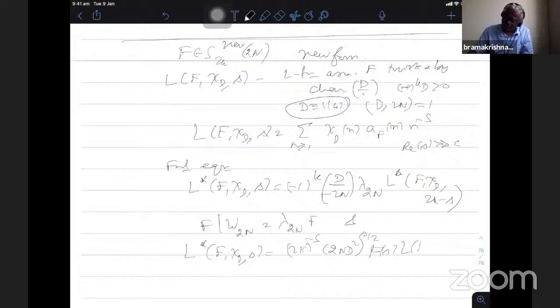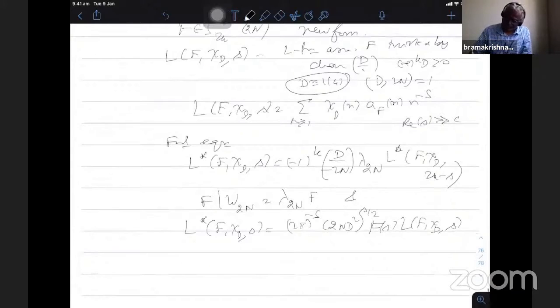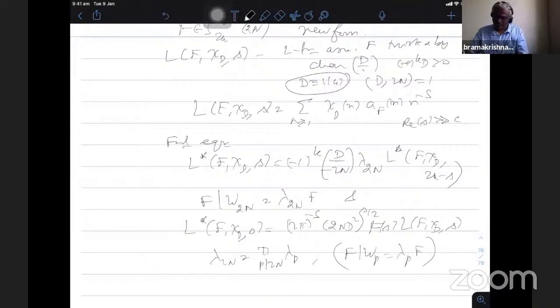After completing the L function with these extra factors, this completed L function satisfies this functional equation. Note that λ_2n is nothing but the product over p dividing 2n of λ_p, where f|W_p is λ_p f. These are all the eigenvalues of the W operators for all the primes dividing 2n, which is exactly λ_2n.